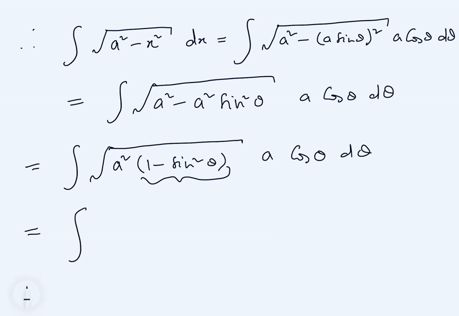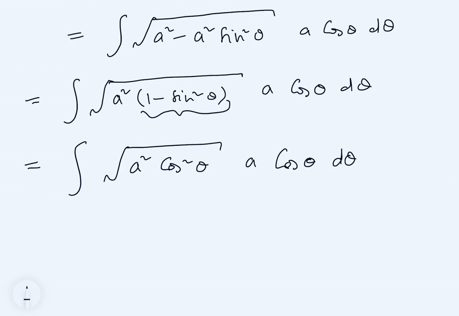So now this is equal to the integral of the square root of a squared multiplied by cos squared theta, multiplied by a cos theta, with respect to theta. So now, obviously the square root sign is going to cancel out the squares there.